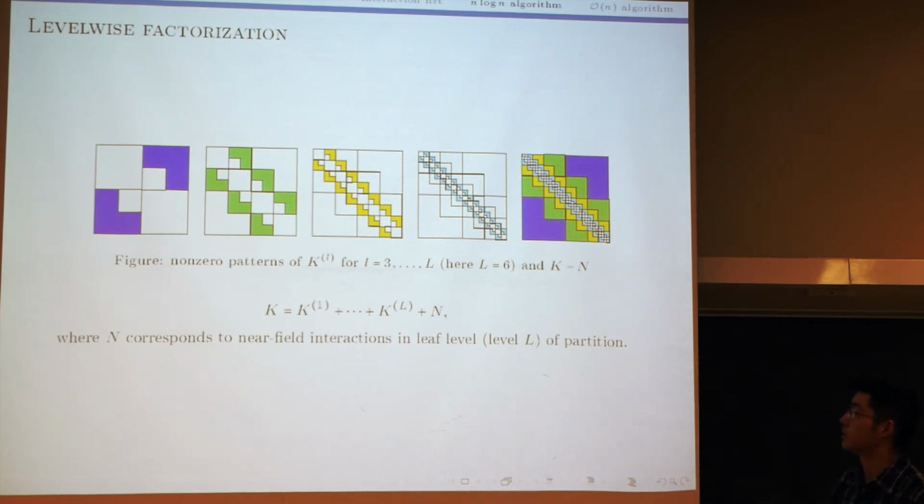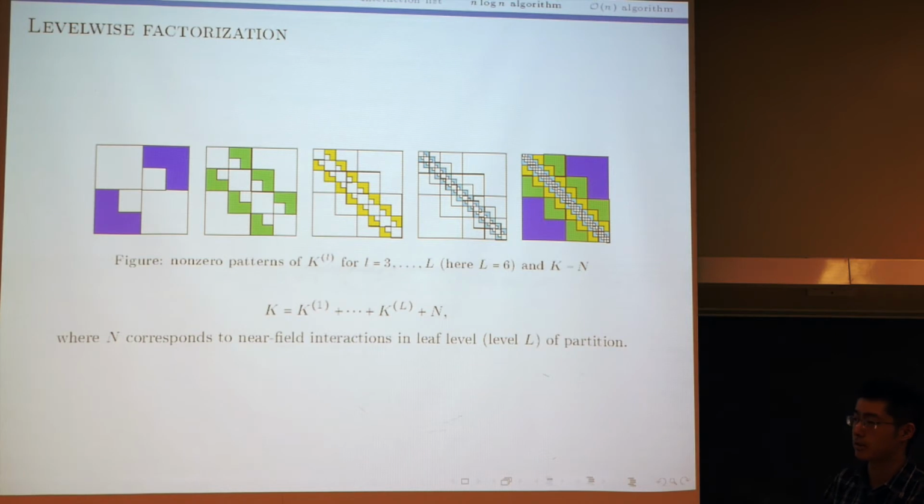What we have done so far can be illustrated using this figure. At level 3, we consider interactions corresponding to I and J, where J is in the interaction list of I. And in the next level, we do the same thing.